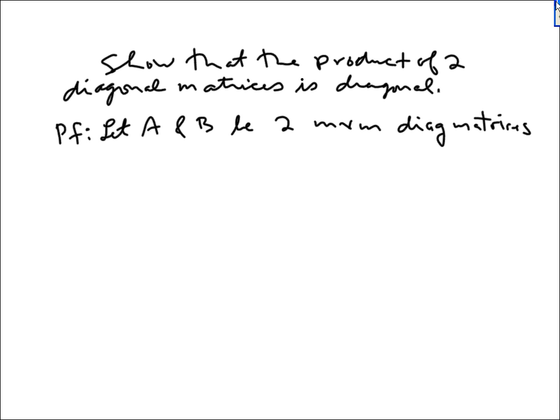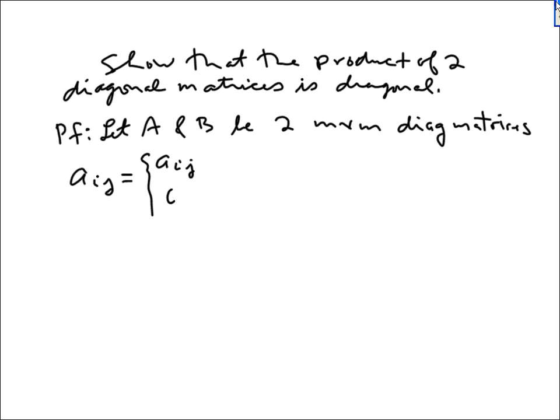Now, remember, a diagonal matrix has zeros off the diagonal. It can have whatever on the diagonal. A is the square matrix, and it has zeros off the diagonal. So Aij is, well, sometimes you just get Aij.